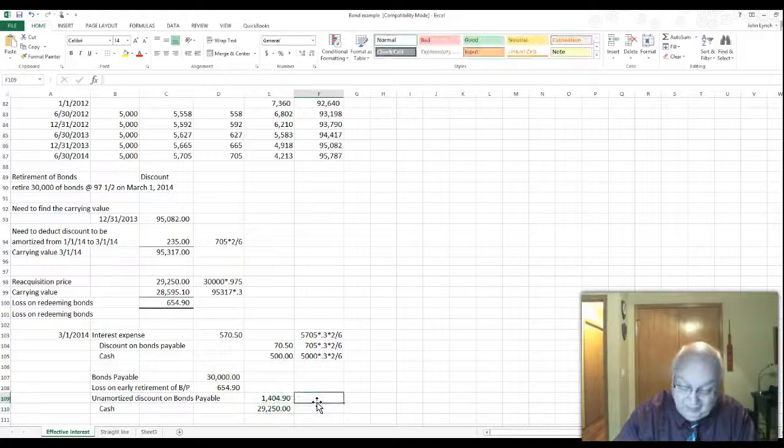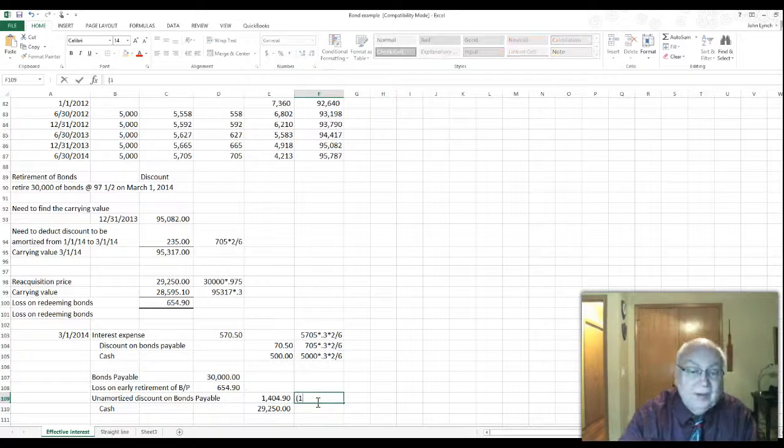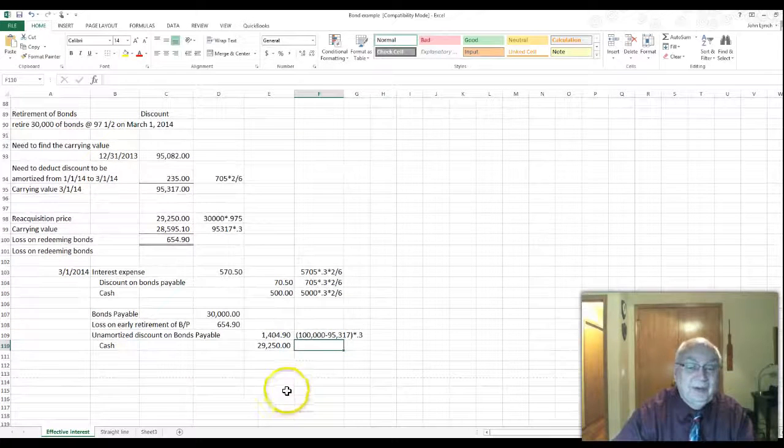So I'll put that in here so you can see it. It's the 100,000 minus the carrying value of 95,317 times 0.3. And the rest of these we have calculated.